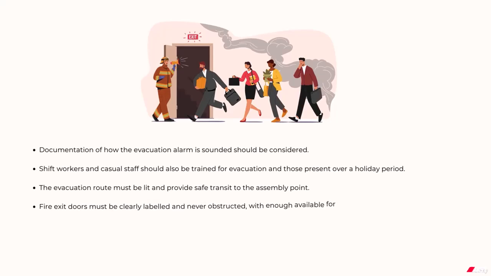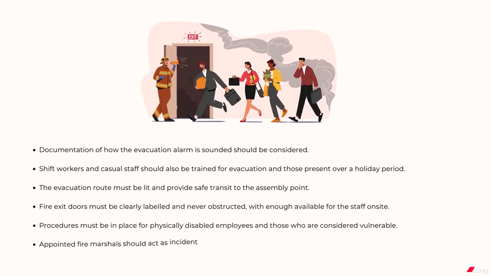Documentation of how the evacuation alarm is sounded should be considered. Shift workers and casual staff should also be trained for evacuation and those present over a holiday period. The evacuation route must be lit and provide safe transit to the assembly point.